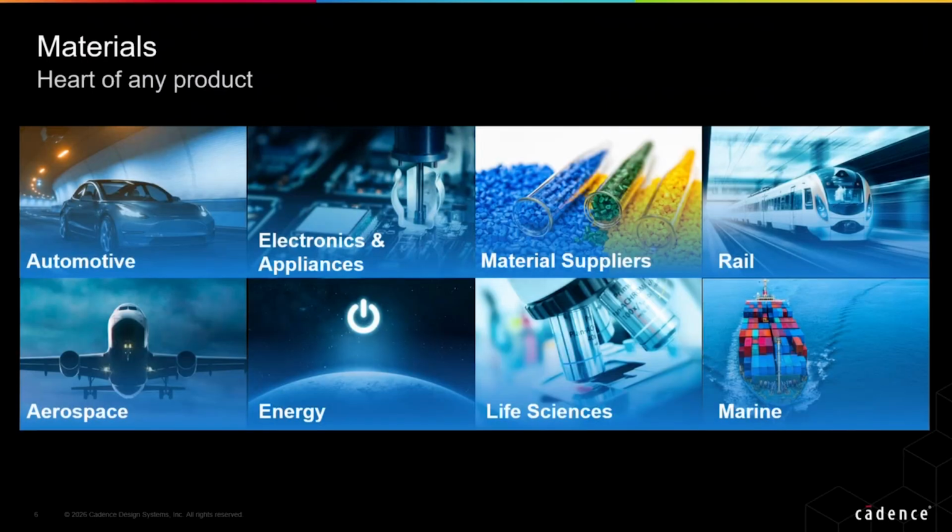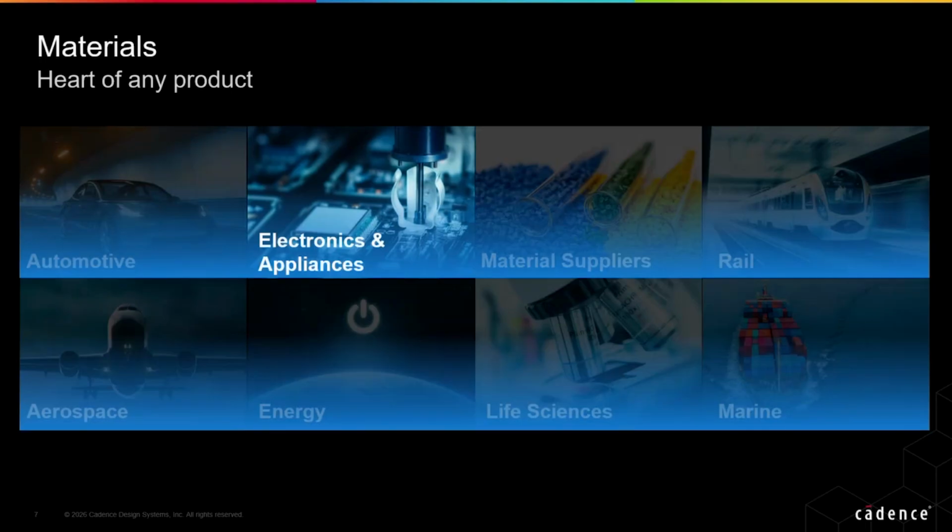So if you are working in an industry which is making any kind of physical part, that can be in automotive, aerospace, energy, life sciences, marine, rail, material suppliers, or electronics and appliances, you would need one thing for sure, that is material, because it is at the heart of any product.